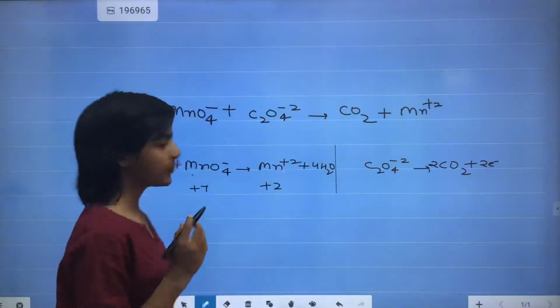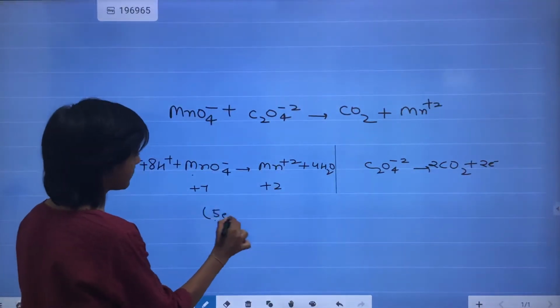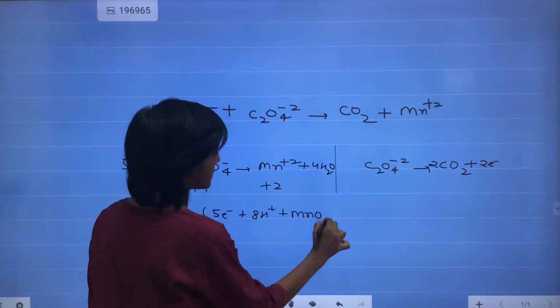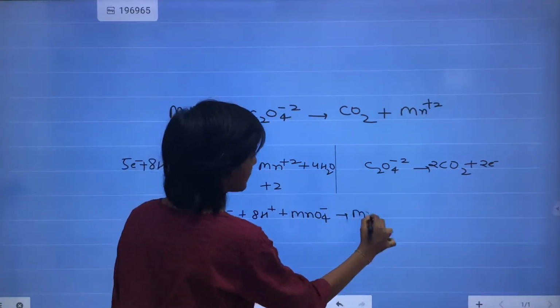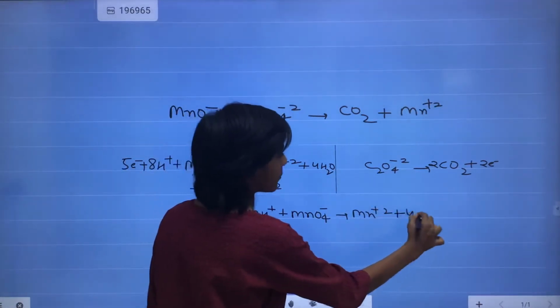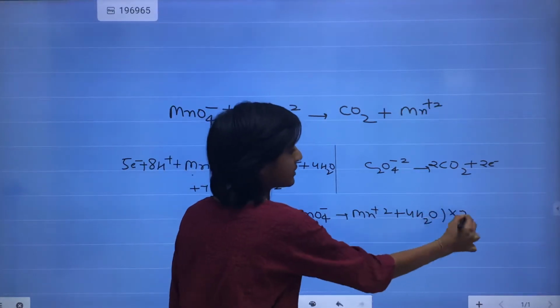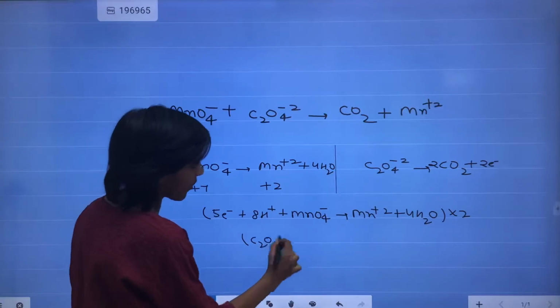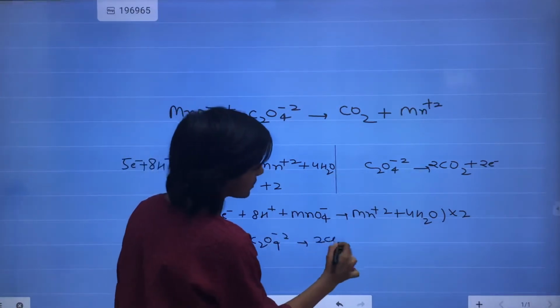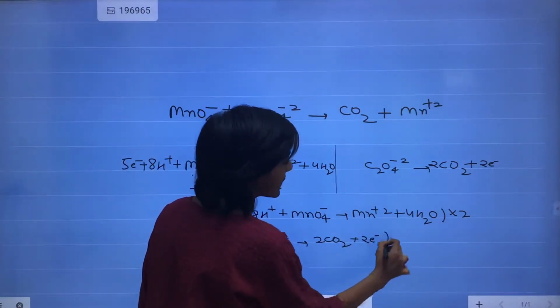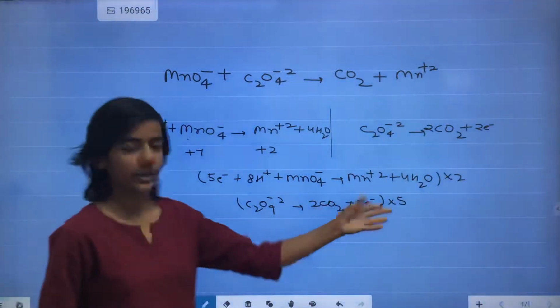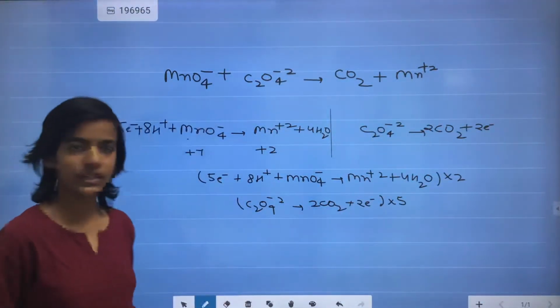Now we have to add both these reactions so the electrons can be cancelled out. MnO4 minus goes to Mn plus 2 plus 4H2O. This we multiply by 2, and the oxalate to 2 CO2 and 2 electrons we multiply by 5. So it will be 2 into 5, 10 electrons, and 5 into 2, 10 electrons, so the 10 electrons will be cancelled out.